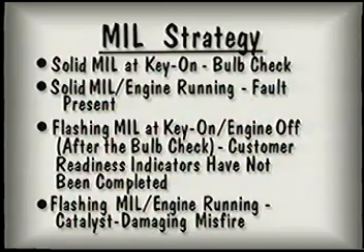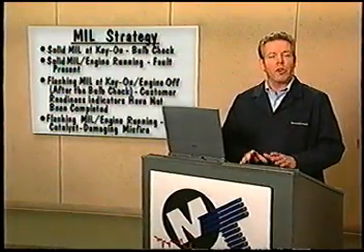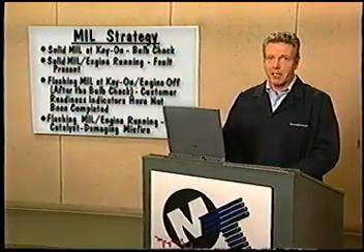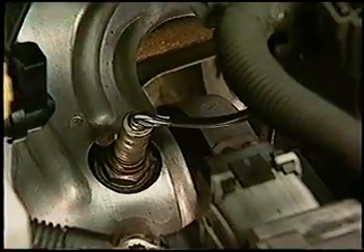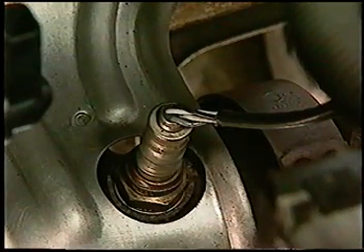Malfunction indicator lamp operation is just one of a few physical changes that were necessary to accommodate onboard diagnostics. For example, each system now utilizes an upstream and a downstream oxygen sensor. The upstream O2 sensor, located between the engine and the catalytic converter, was already used for closed-loop system operation.